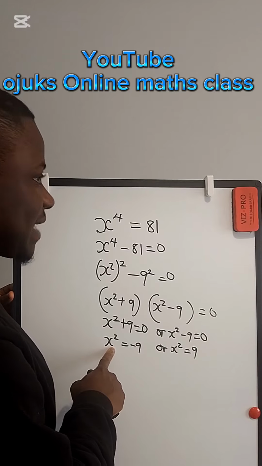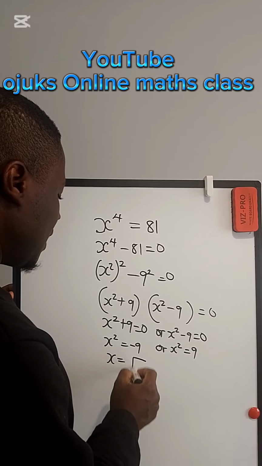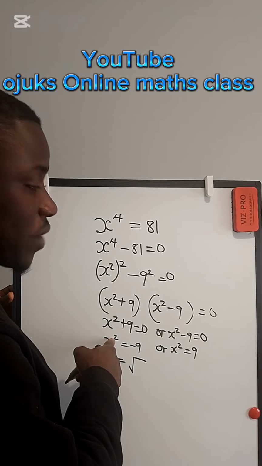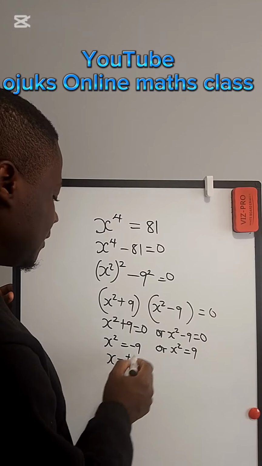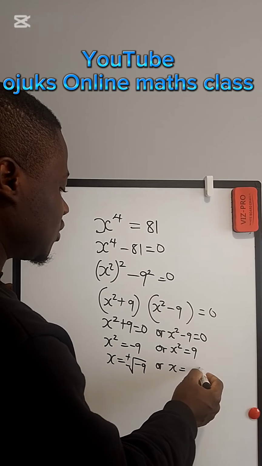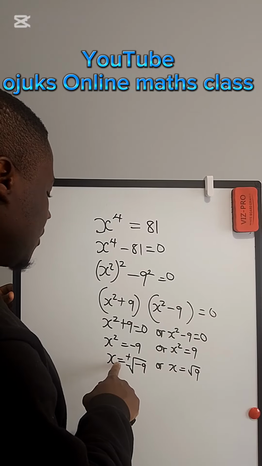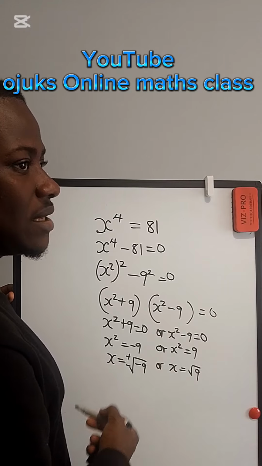Okay, making x the subject here, we have that x is equal to the square root, because we are going to find the square root of both sides of the equation to remove the square here. So square root, of course, you start with plus and minus, of negative 9, or x here equals square root of 9, as you can see. Now here, square root of negative 9 is an imaginary number.